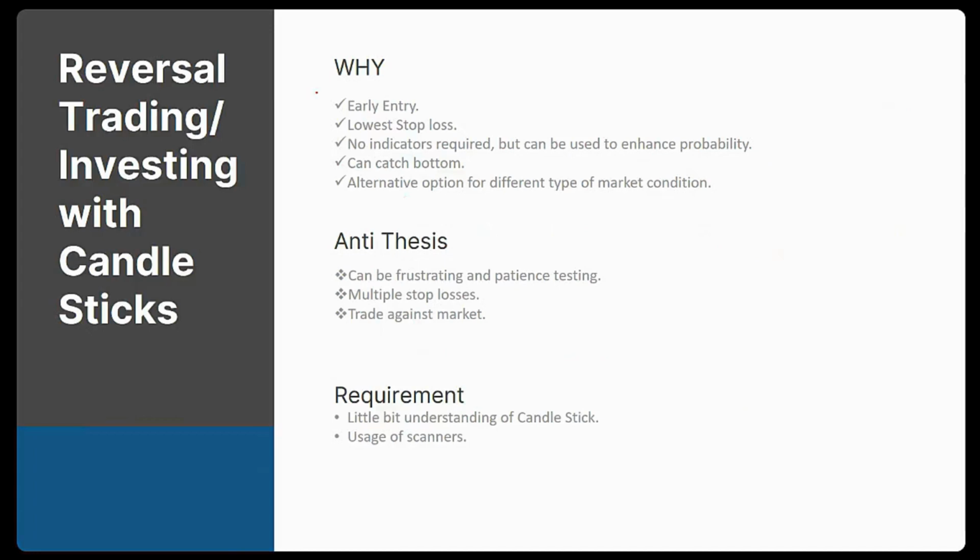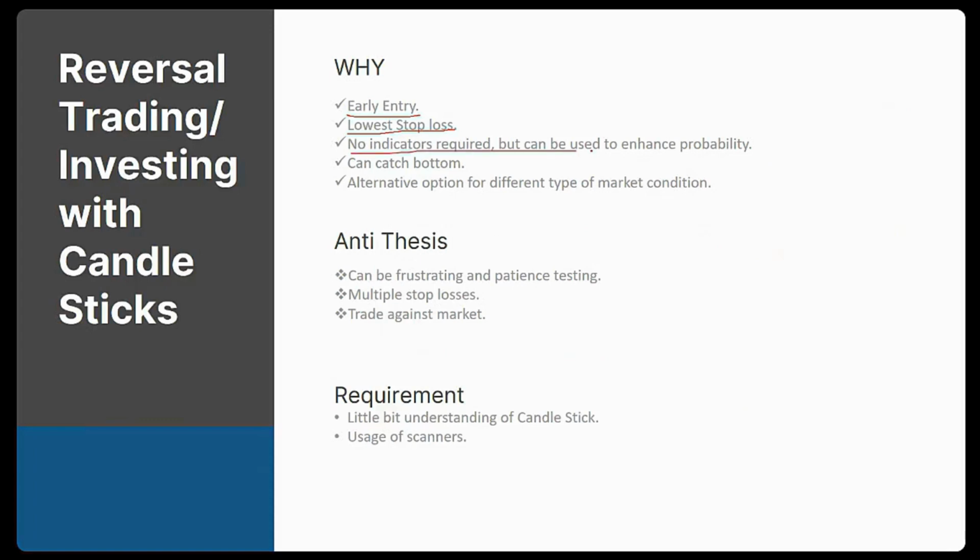As I've said, it is an early entry, so you can catch the stock at the lowest level, and the stop loss is also the lowest. The stop loss is minimum. In breakout trading, you get a very big candle, and if you keep a stop loss below that candle, your stop loss is on a higher side.